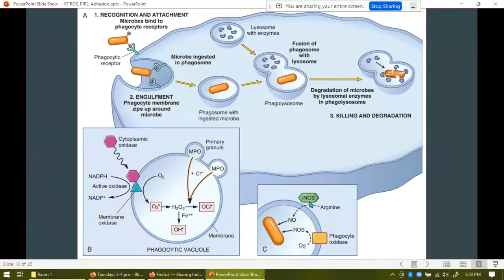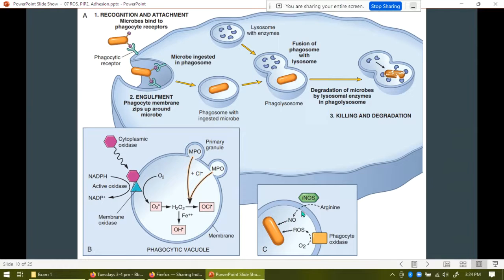And then you also have this enzyme called inducible nitric oxide synthase that is expressed by innate immune cells, your phagocytes and your eosinophils. They take arginine and they turn it into nitric oxide. And nitric oxide is also toxic in high levels, which it will be in high levels in the endosome. It's toxic to basically all forms of life, including bacteria, fungi, parasites, etc. So you also have that going on.